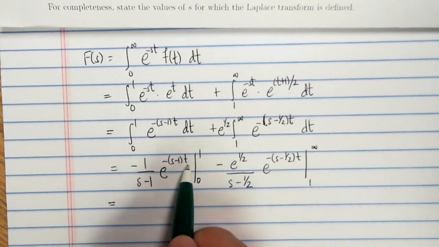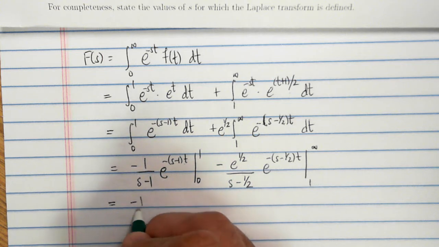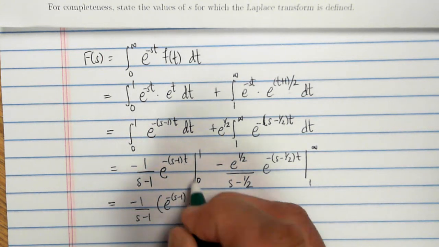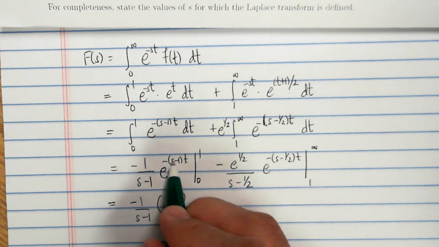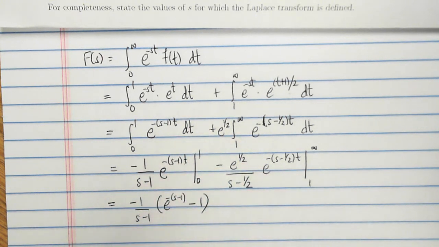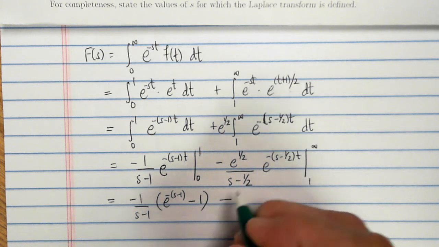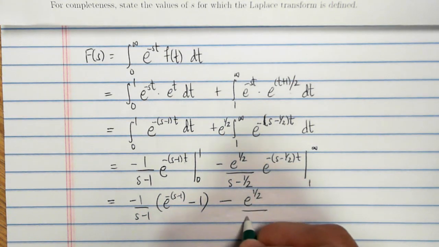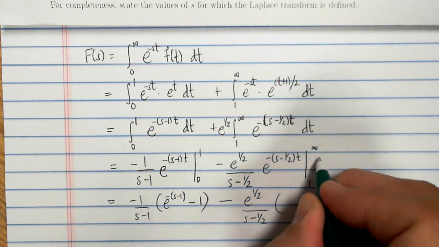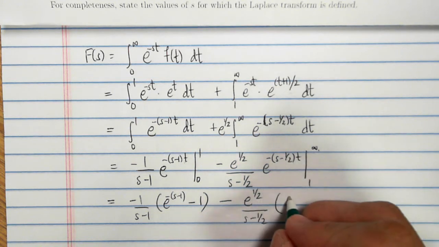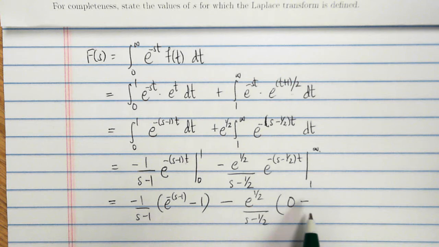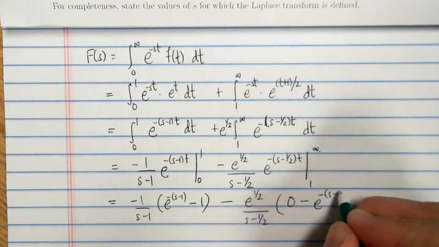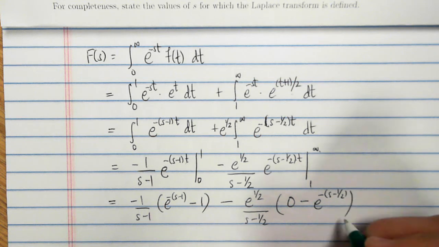Okay, now let's plug in. So if t equals 1, we get e to the minus (s minus 1). If t equals 0, I get e to the 0, so that's 1. Minus e to the 1/2 over (s minus 1/2). If I plug in infinity, that goes to 0. More on that later. Then if I plug in 1, I get e to the minus (s minus 1/2) times 1.